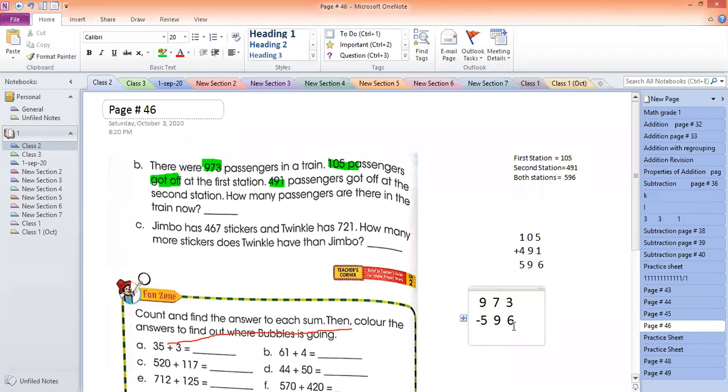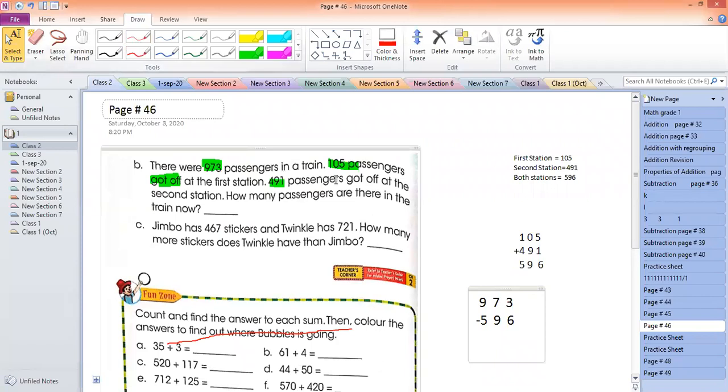When you are subtracting 596 from 973, you know that you cannot subtract 6 from 3, because 6 is bigger and 3 is smaller. So this 3 will take 1 from this 7, and that 7 will become 6.